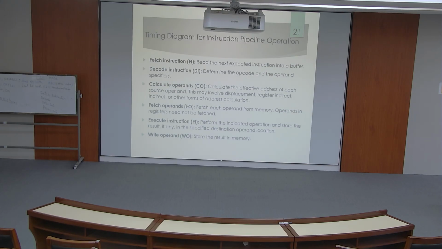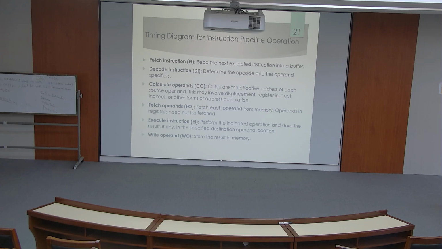Now we have the timing diagram for instruction pipeline operation. Fetch instruction, FI, loads the next expected instruction into a buffer. Decode instruction, DI, determines the opcode of the instruction. Calculate operands, CO, calculates the effective address of each operand.